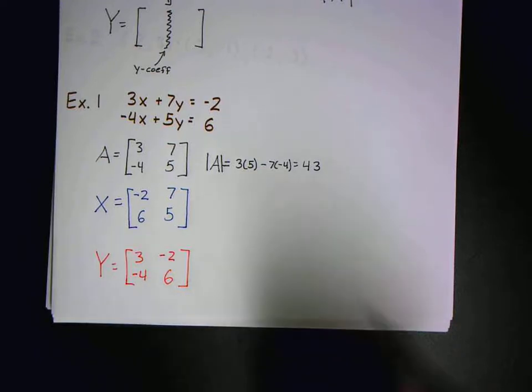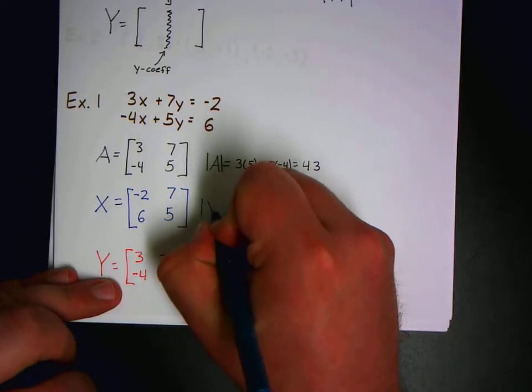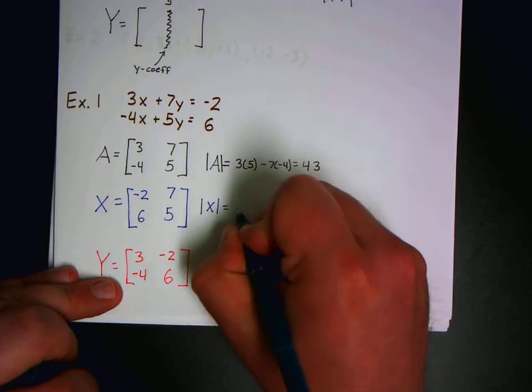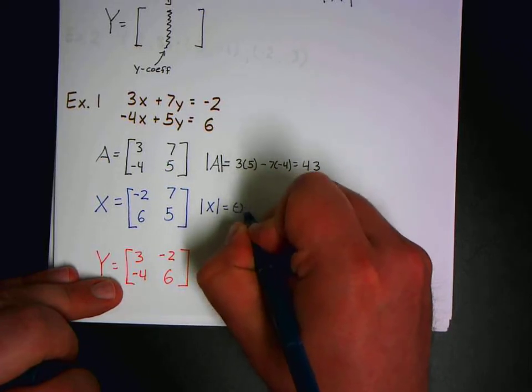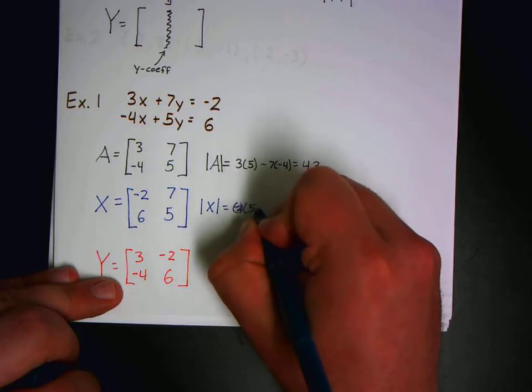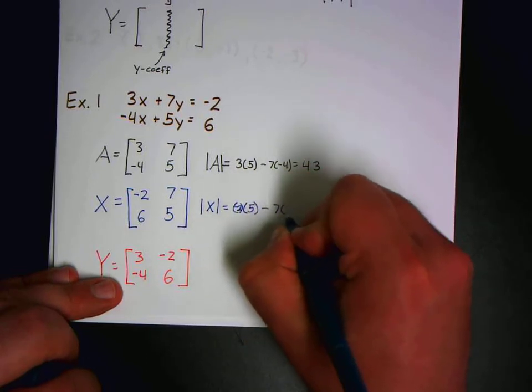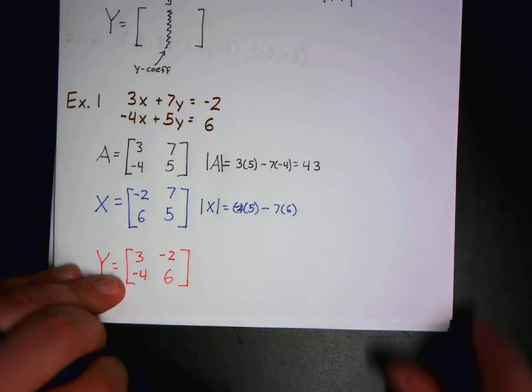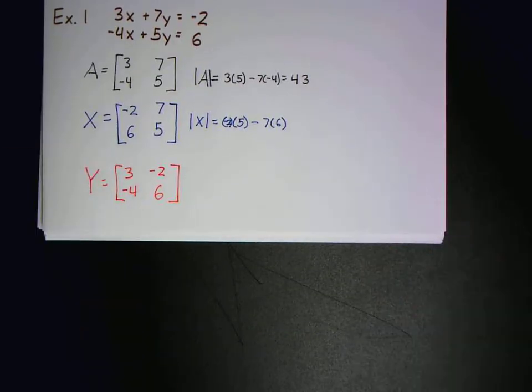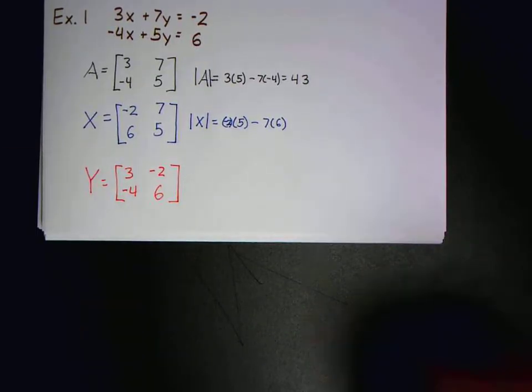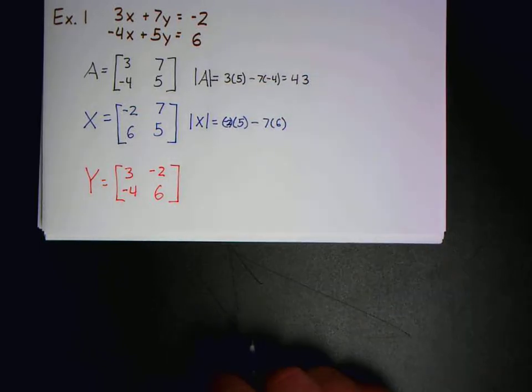Determinant of X is going to be -2 times 5 minus 7 times 6. Sorry, I wrote a parenthesis before I put the 2 in.